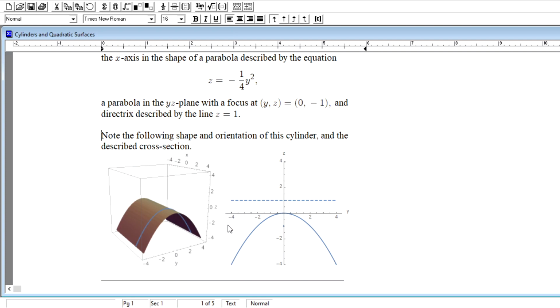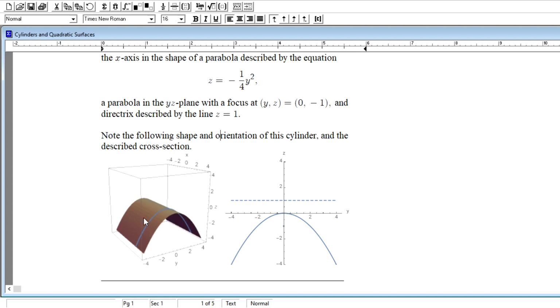The only dependent values in the relationship happen to be the values of y and z, and y and z are always going to depend upon themselves, regardless of the location along our x-axis in this parabolic shape. The parabolic shape is described by this parabolic equation. This is the idea behind a cylinder.